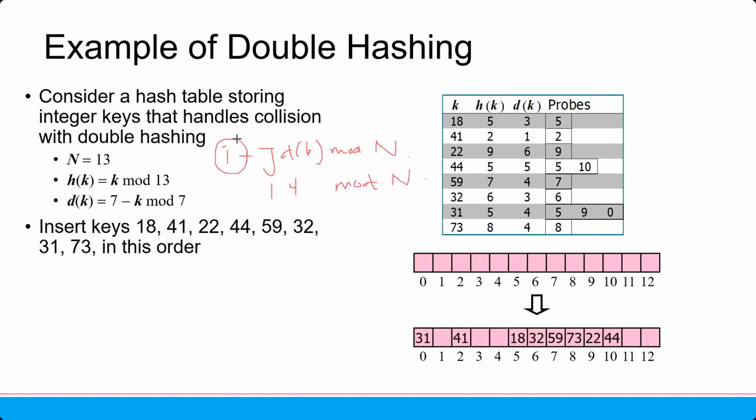For the value of I, we can put the hash key or we can put 0.